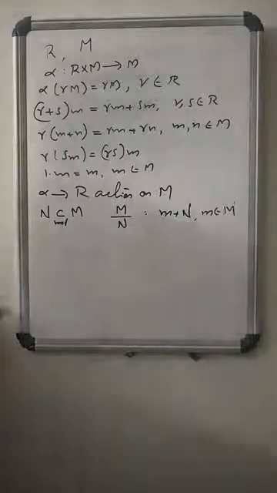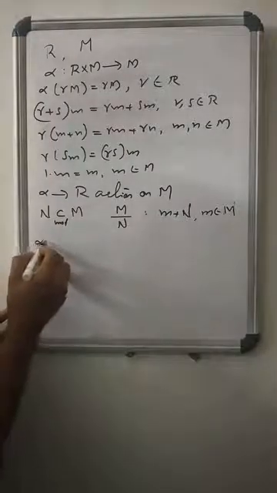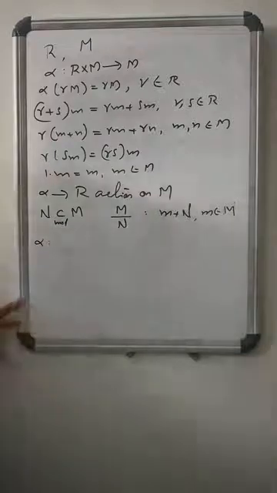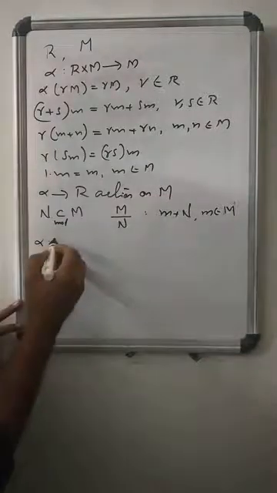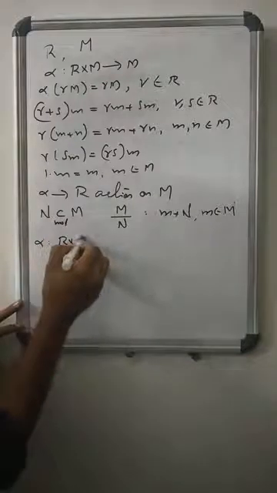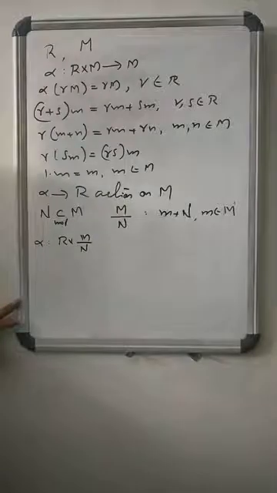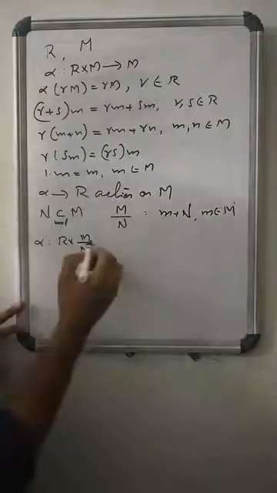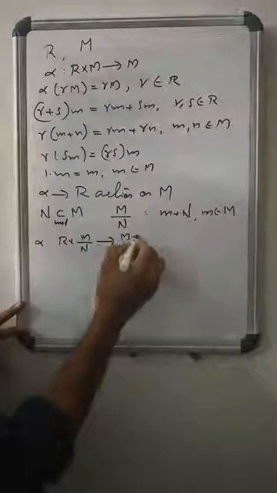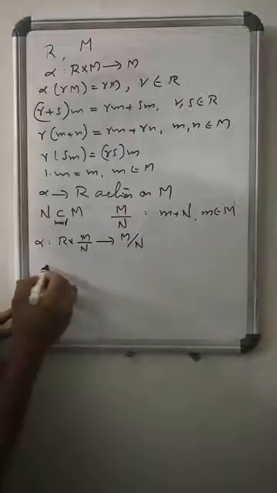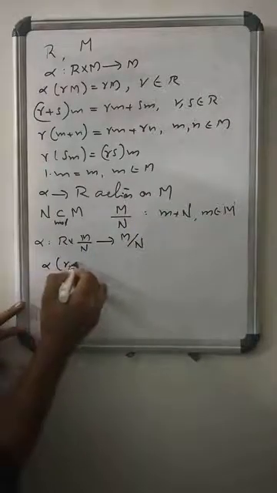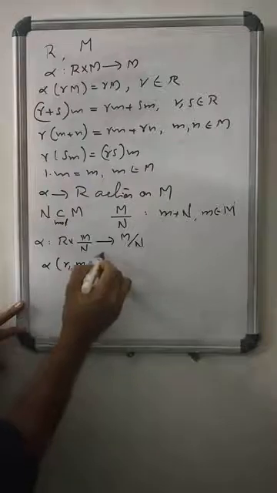Okay, so consider the R action on M by N, that is, alpha from R cross M by N to M by N. It is defined as alpha of (r, m plus N).